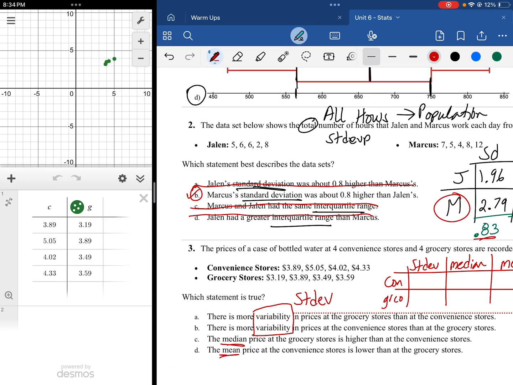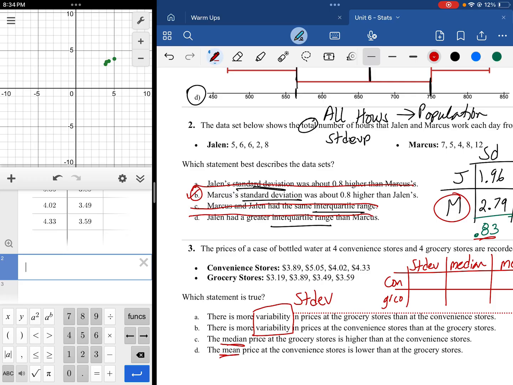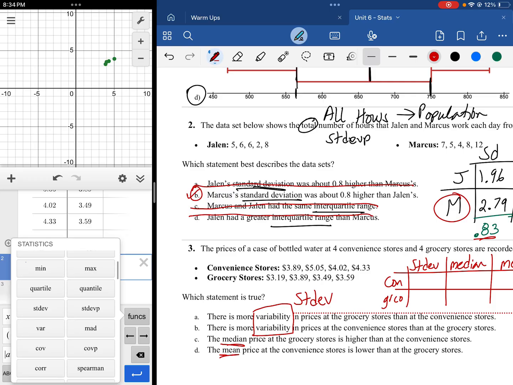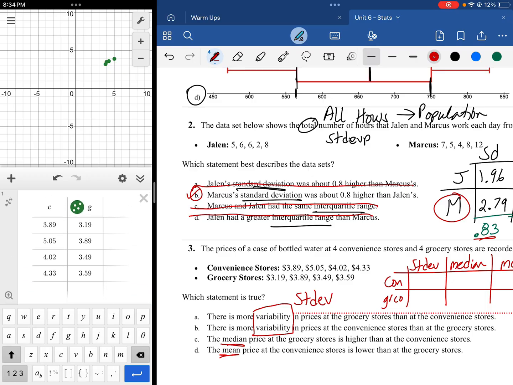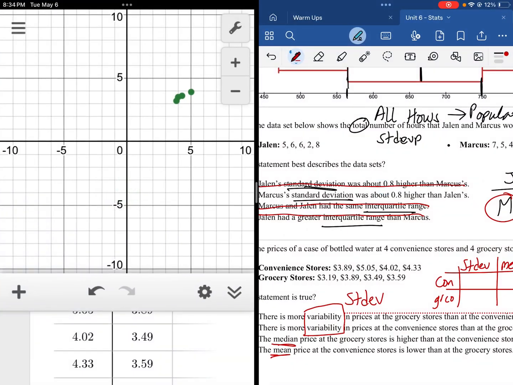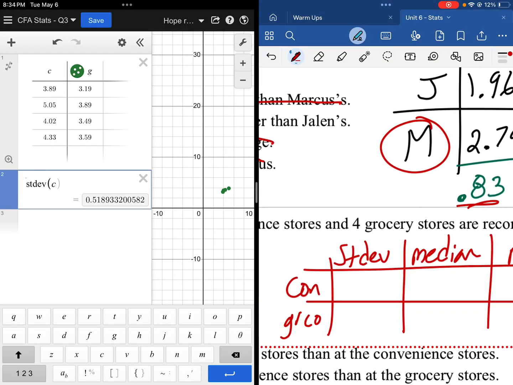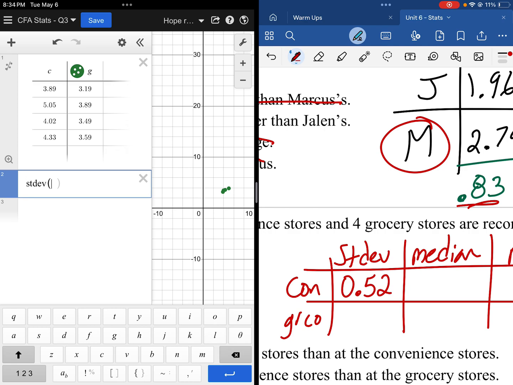To find standard deviation, this is just talking about 4 grocery stores, not all the grocery stores, so we're going to use the normal standard deviation. I'm going to put in C because I put in C for convenience store, and we get 0.52. Okay, if I change that C to a G so we can look at the grocery stores, we get 0.29. That 8 would tell the other 8 to round up.